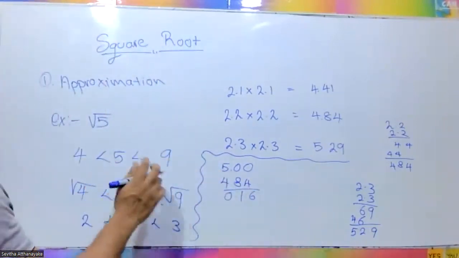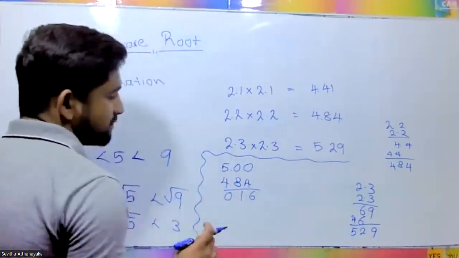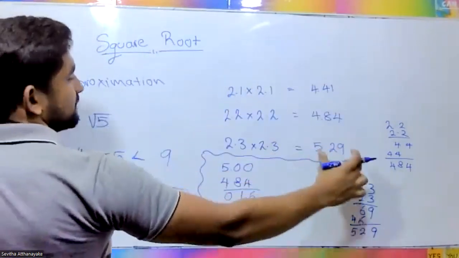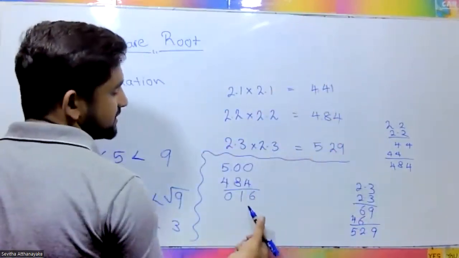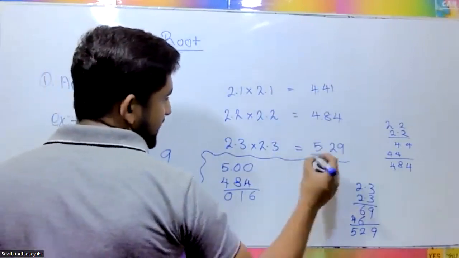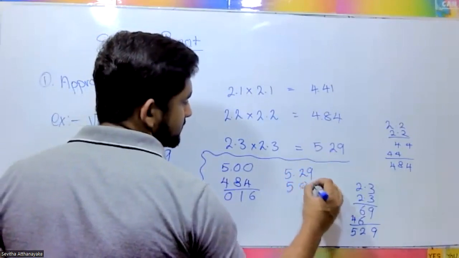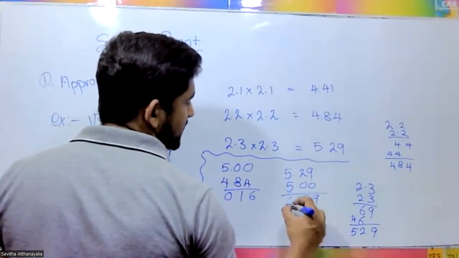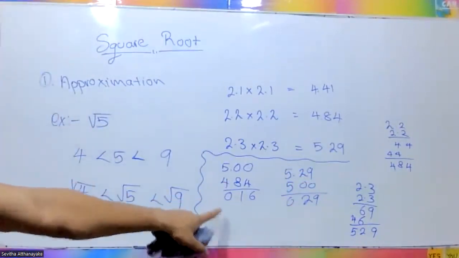The difference is 0.16. මේකේ difference එක තියෙනවා 0.16. Again 5.29 and 5. The difference is 29. So what is the closest one? ළඟම තියෙන්නේ 4.84.